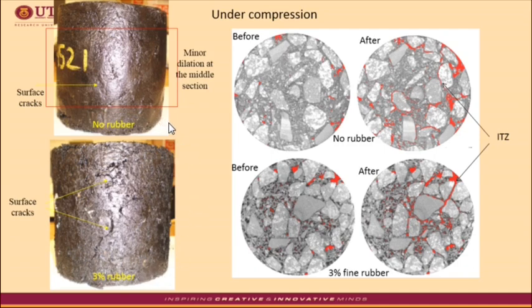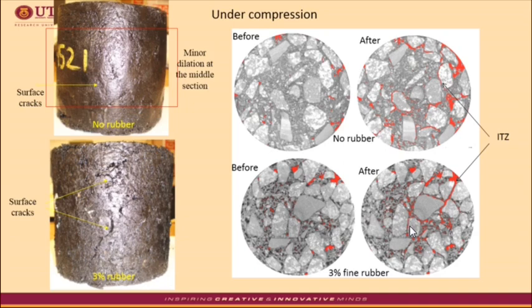For example, severe damage was evident in the control specimen, with microcracks initiated at the interfacial transition zone area following deformation, particularly for the control mixture. In contrast, for the rubberized mixture, specimen damage, which refers to the increase in air voids area, is evidenced by the separated air voids that are evenly distributed within the specimen's cross-section.